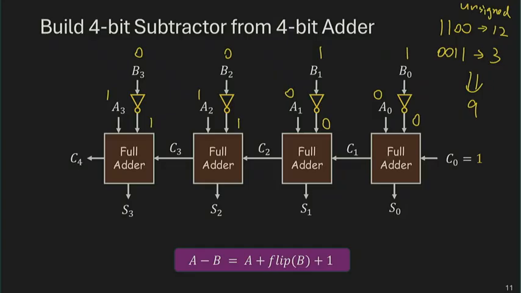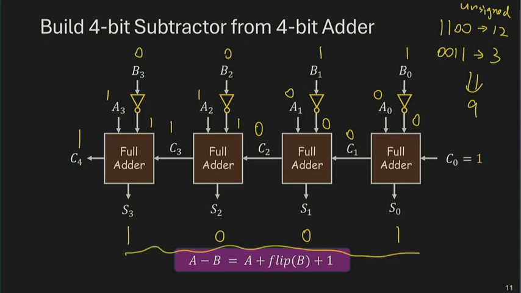1 plus 0 plus 1 gives you a 0 with a carry out of 1 is not it; rather, working bit by bit: 0 0 1 gives you a 1, carry out of 0. 0 0 0 gives you a 0, carry out of 0. 1 1 0 gives you a 0 with a carry out of 1. 1 1 1 gives you a 1 with a carry out of 1. We're using those numbers in terms of their two's complement representation. And what do I get as the result in terms of an unsigned number?